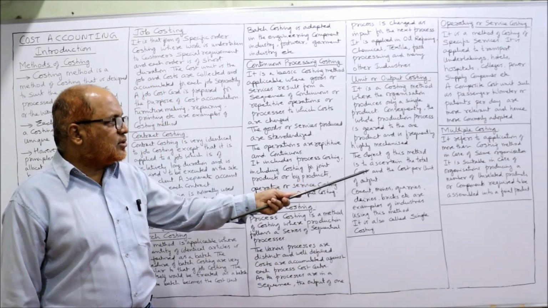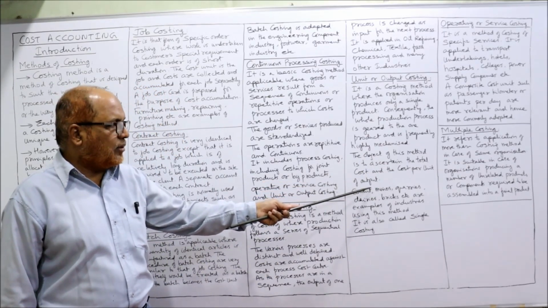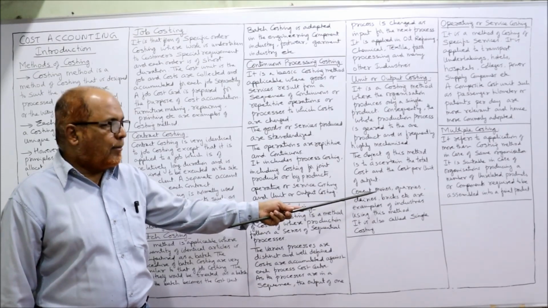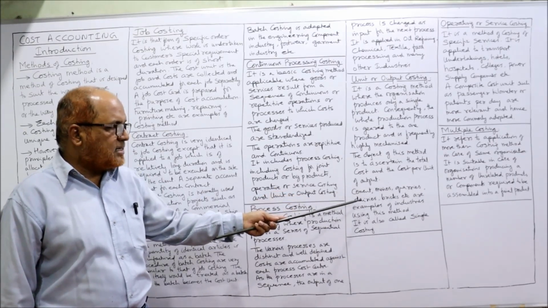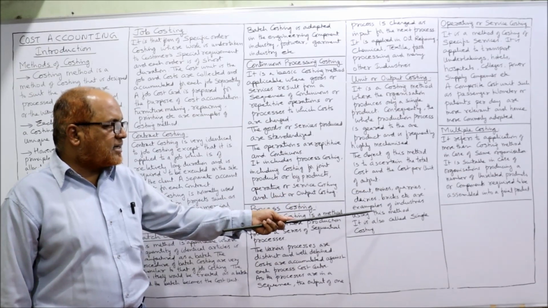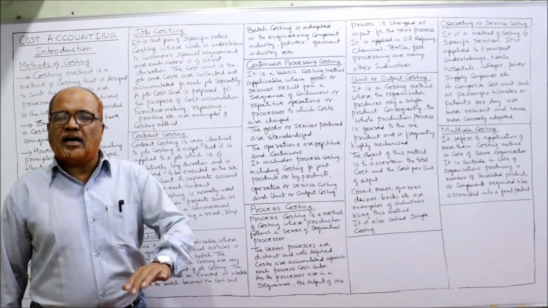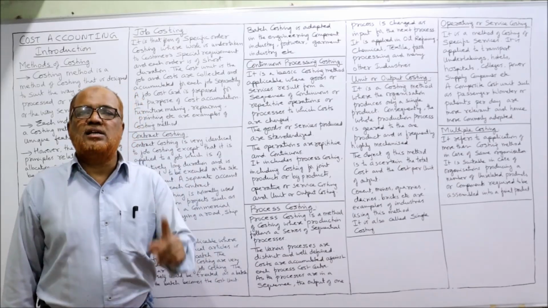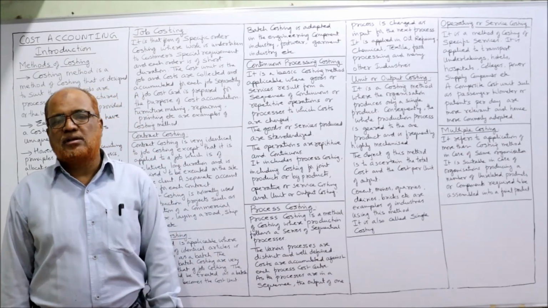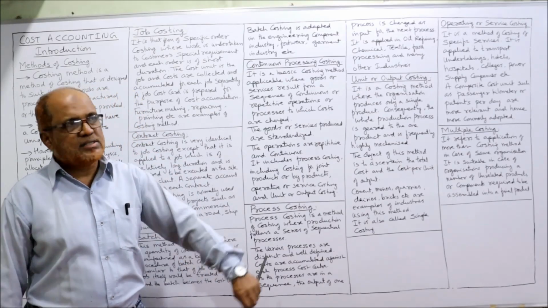The object of this method is to ascertain the total cost and the cost per unit. So cement, mines, quarries, dairies, bricks, etc. are examples of industries using unit and output costing. And the other name of unit or output costing is single costing method. So single costing or unit or output costing, same.